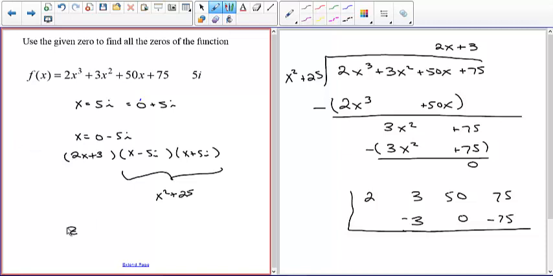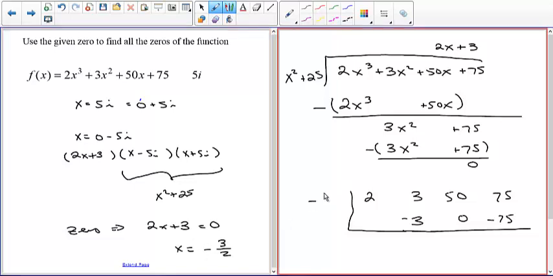So the real 0 is, you set this factor equal to 0, and if you solve for that, you'll get x is negative 3/2. Now, I can do the same thing over here. Actually, this is to confirm that this is the 0.